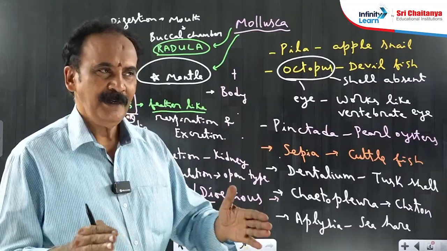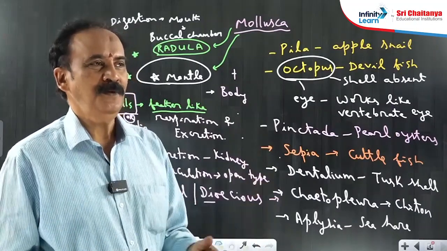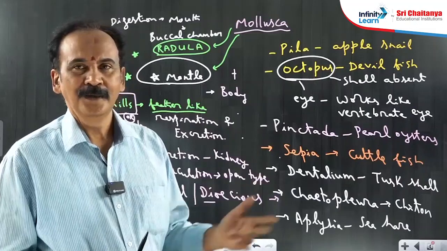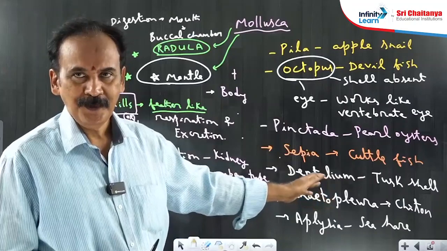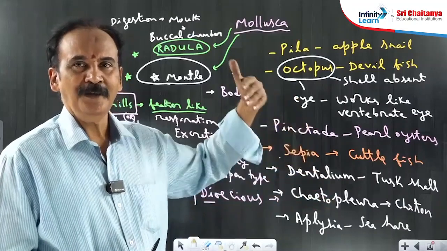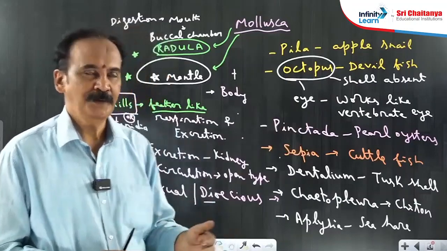So we got almost the complete idea about the phyla called Annelida, Arthropoda and Mollusca, right? Annelida is special by having, for the first time, development of metamerism, real coelom and circulation.